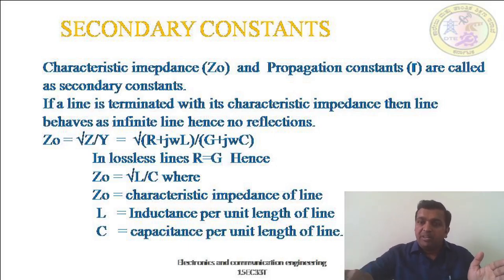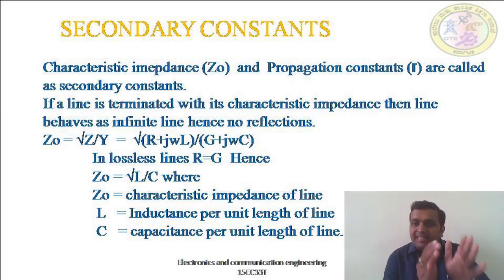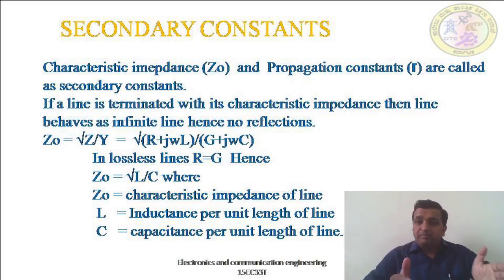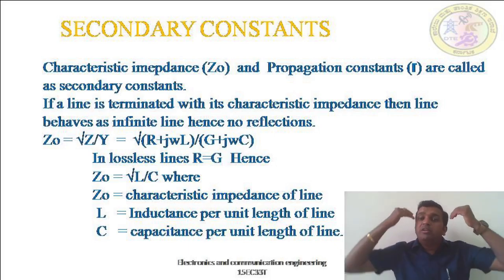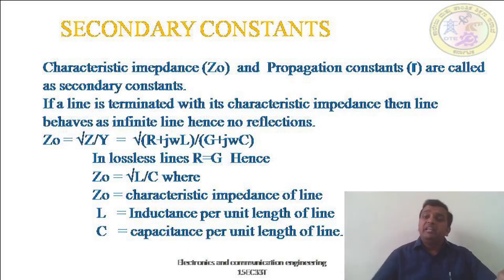If you take the load impedance, and that load impedance is equal to the characteristic impedance of the line, that means ZL is equal to Z0. At that time, there will not be any reflection because the line behaves as an infinite line. That means no end at all, and there will not be any reflection.